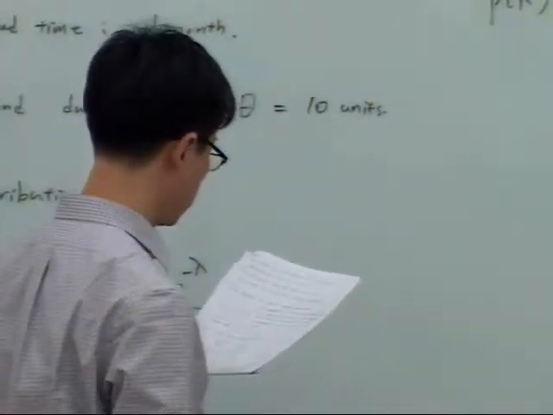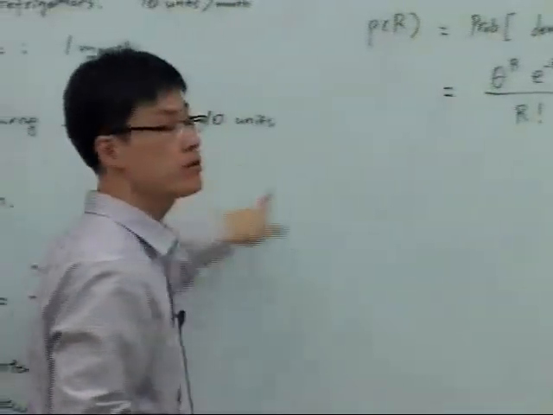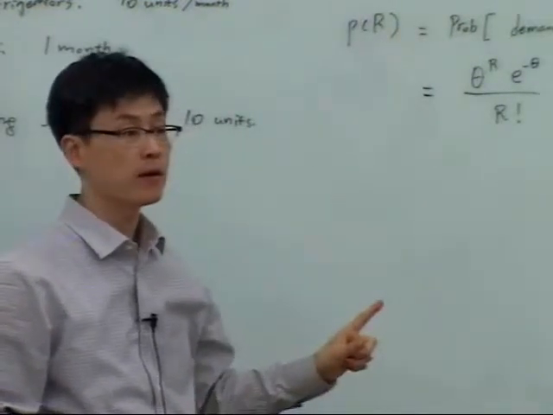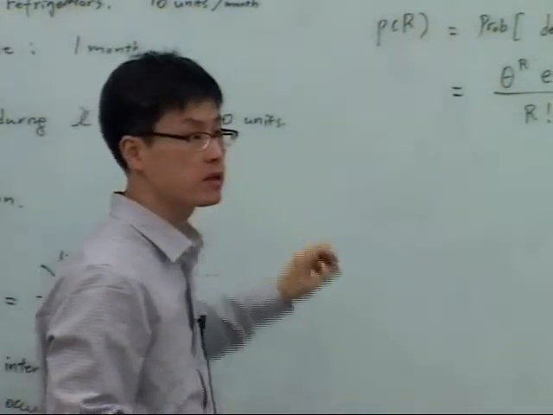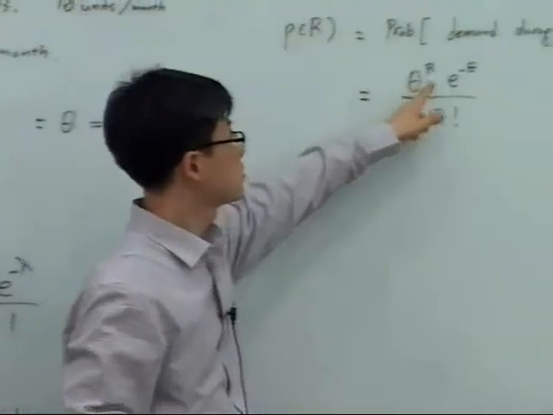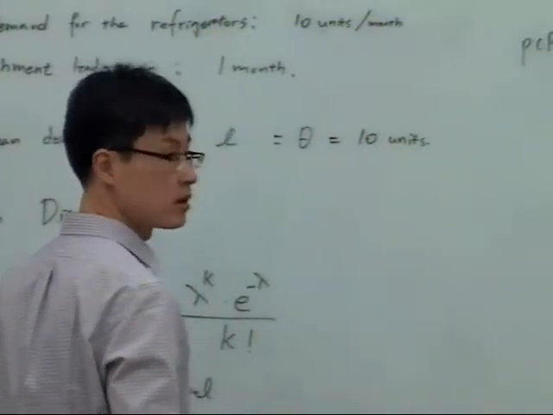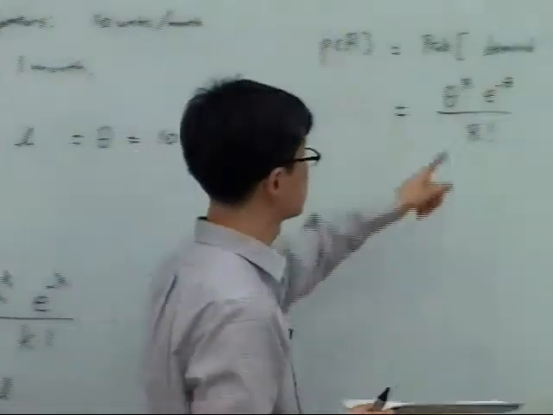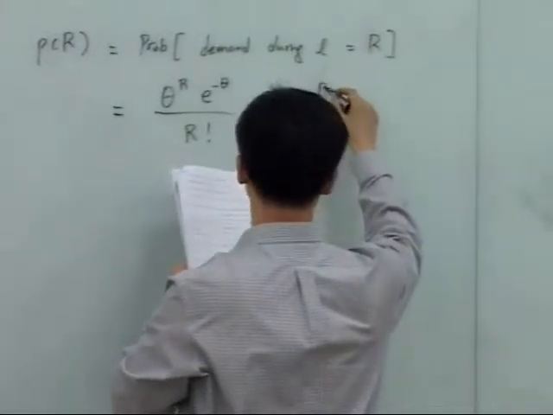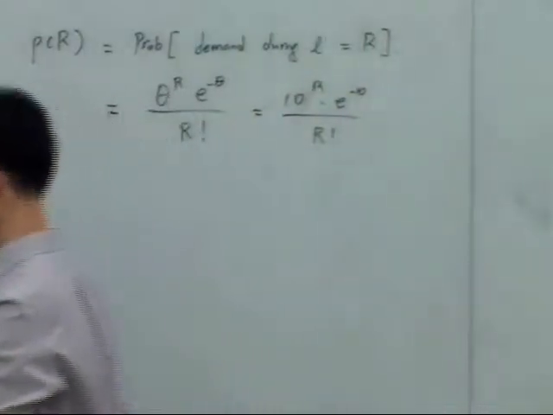Basically theta is the demand, 10 units. And we assumed in the base stock model that demand happens one by one. But this 10 units means that this demand occurs 10 times. So interval lambda is equal to theta.